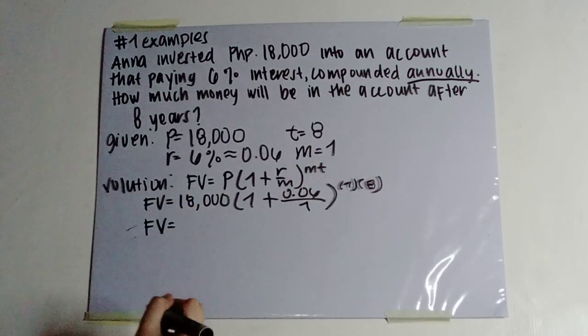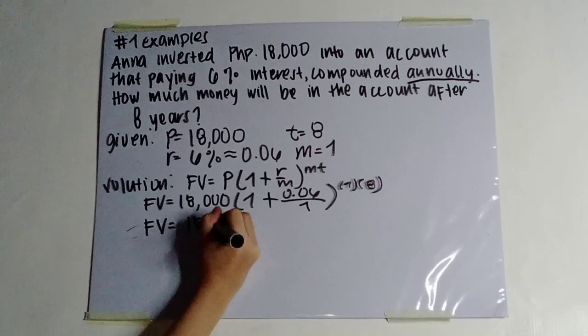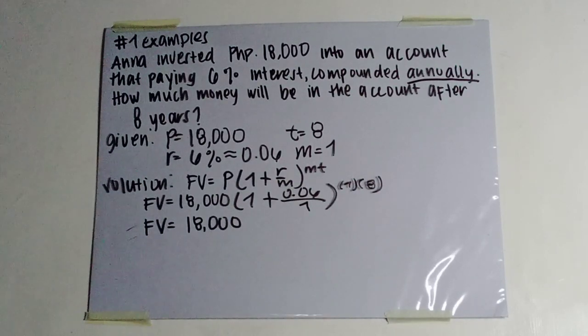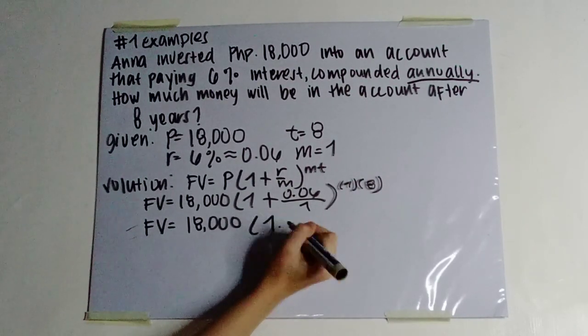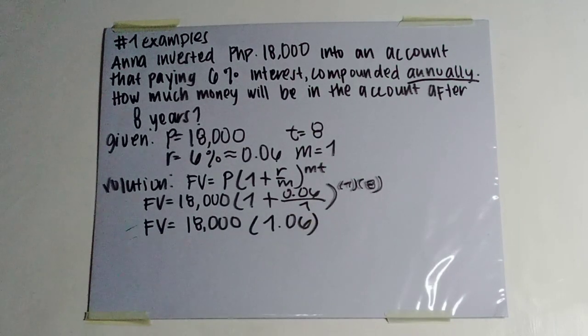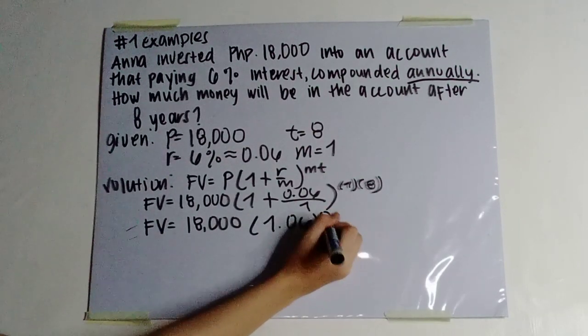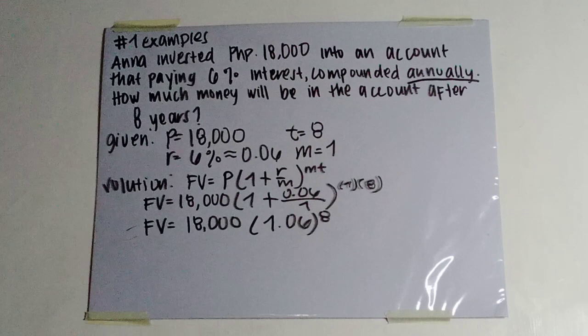FV equals 18,000. So 1 plus 0.06 divided by 1 equals 1.06, and 1 times 8 equals 8.